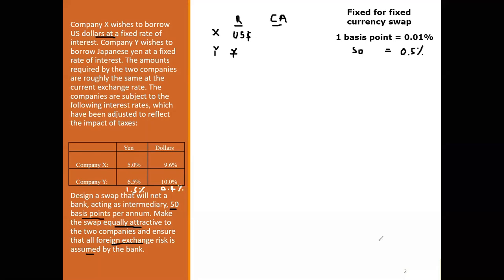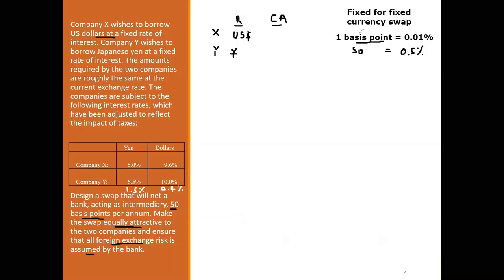So one of the students is asking how I got 1 basis point as equal to 0.01. This is a measurement that is used. Always, 1 basis point is a standard. So 1 basis point is equal to 0.01%. So rather than saying 0.01%, you can give it in basis points.